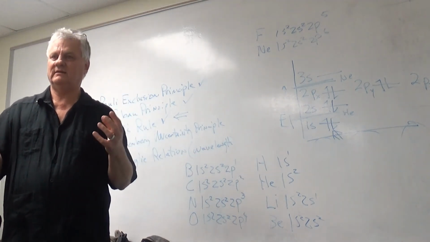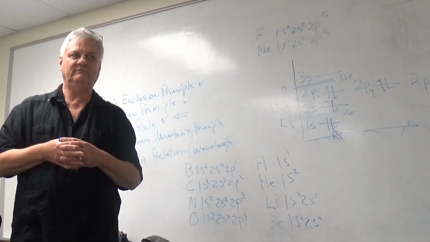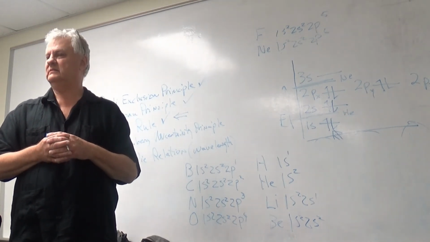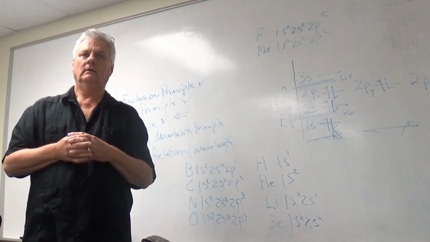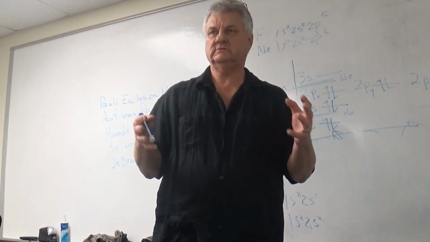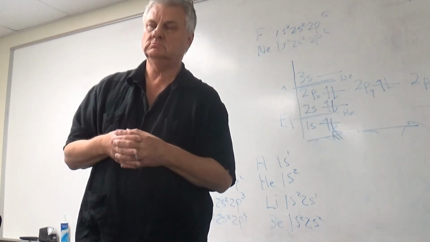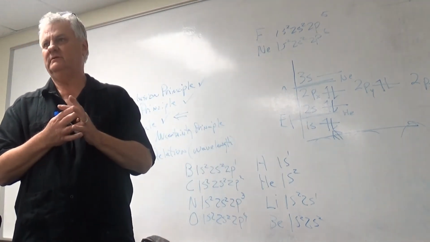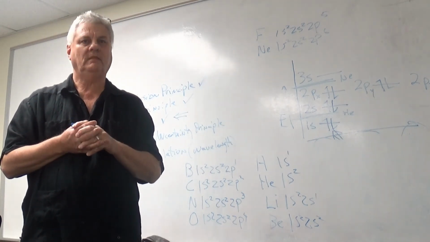And that might sound like we haven't invented good enough equipment yet, but that's not the point. Heisenberg showed mathematically that it's impossible to ever know the location and velocity simultaneously of electrons.